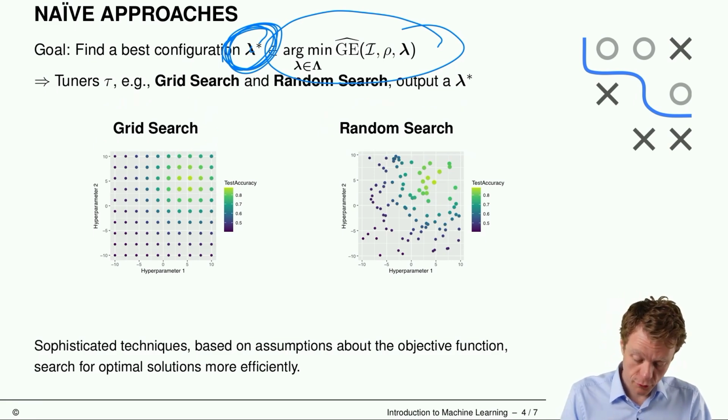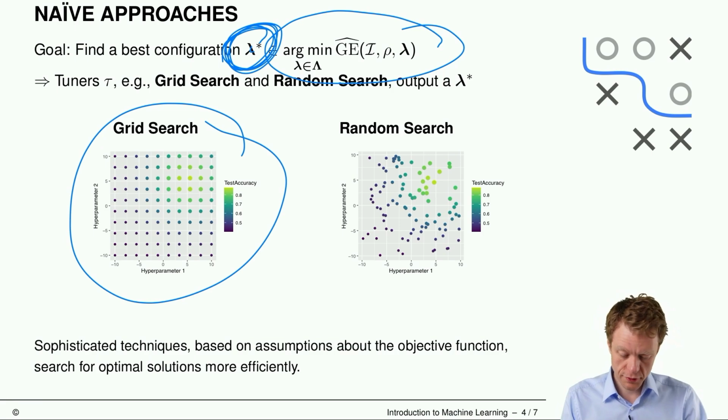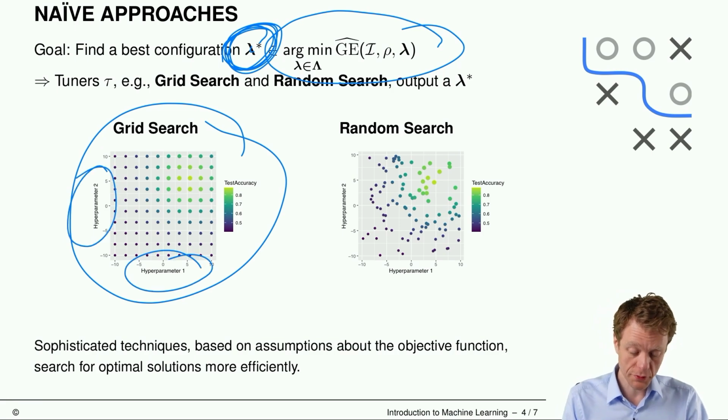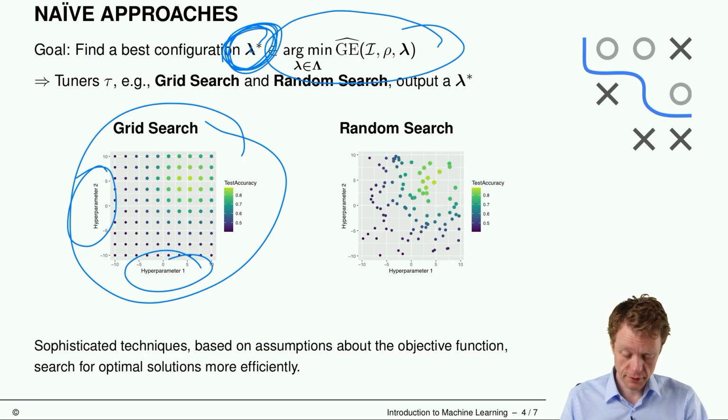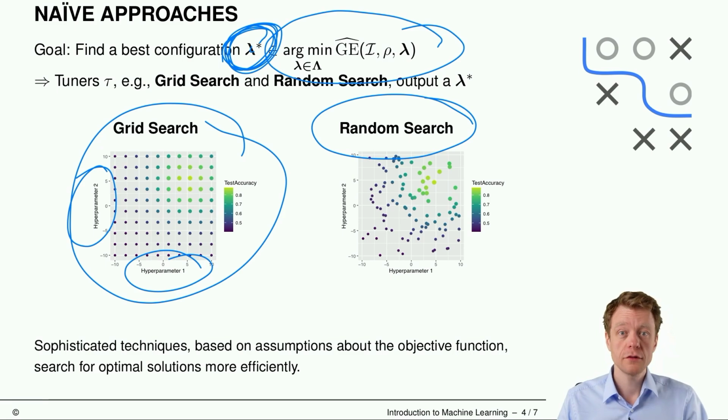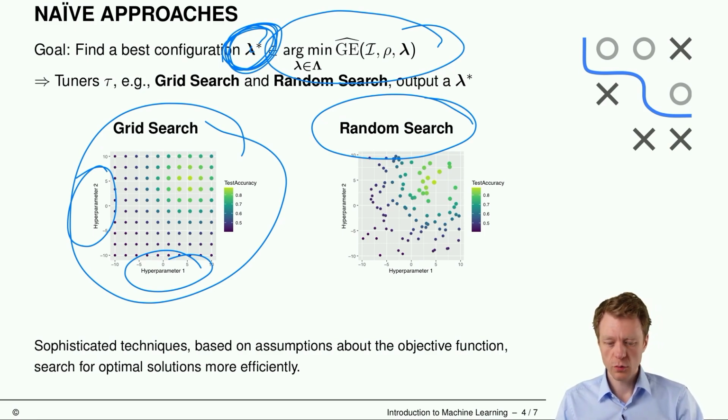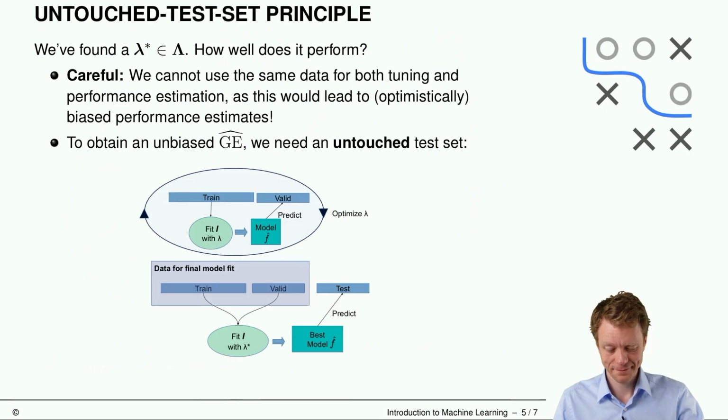As you see, grid search just applies a grid to the hyperparameters, hyperparameter 1 and hyperparameter 2. So you just have this rectangular structure here, and random search, as the name already says, just draws random points from the hyperparameter space and tries out those different hyperparameters and sees which of those configurations performs best on test data points. But there are also other approaches, which you will see later.